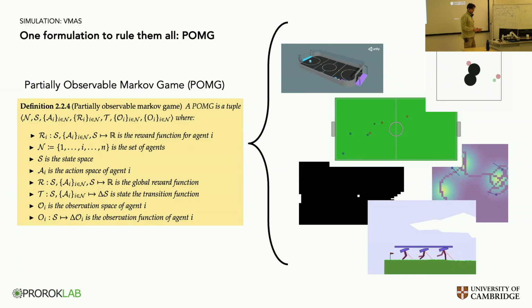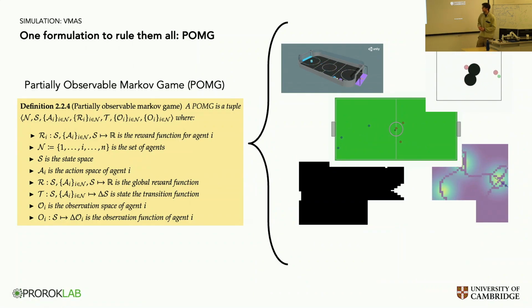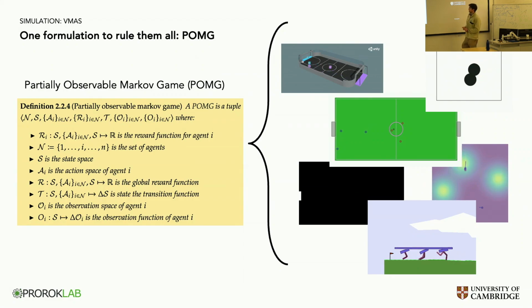Already here, some simulators that exist in the literature just constrain to specific things. For example, some only do Dec-POMDPs, or Dec-POMDPs with identical homogeneous agents, and so on. So here is one first property of the simulator we will see: the aim is to be able to simulate any POMG, with all the physical heterogeneity, reward heterogeneity, and so on that's available.